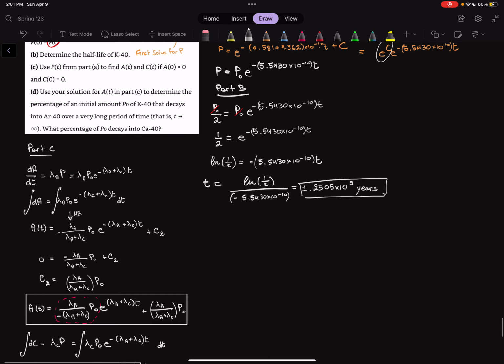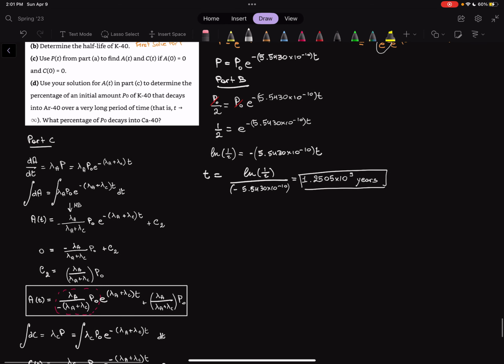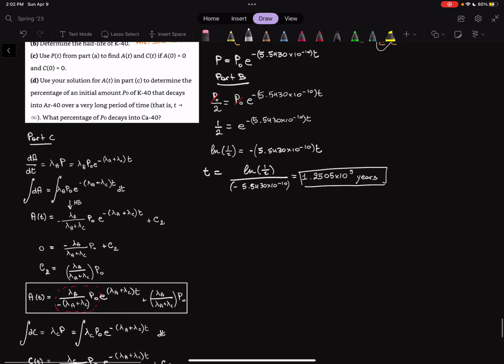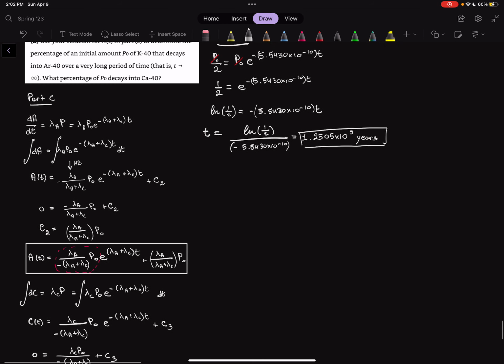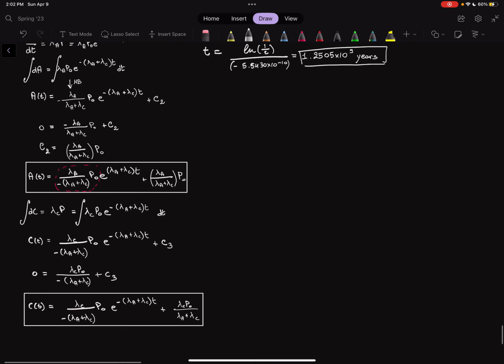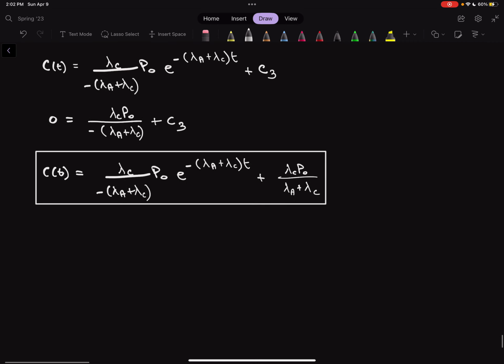We want to find the percentage of an initial amount of P naught that decays into Ar40 over a very long period of time. The percentage of P naught that decays into argon.